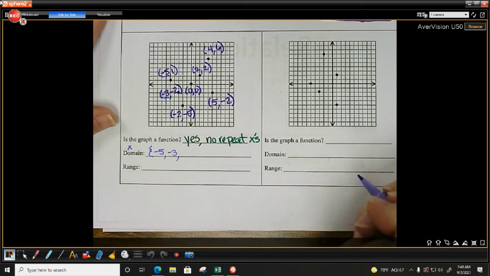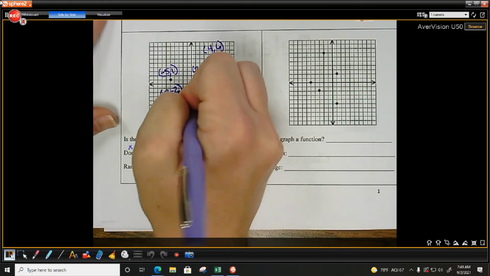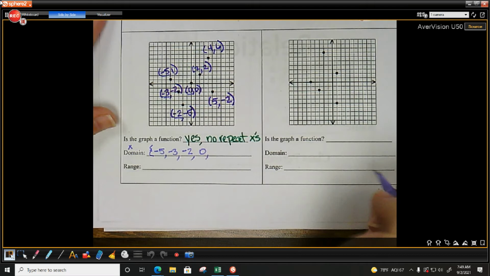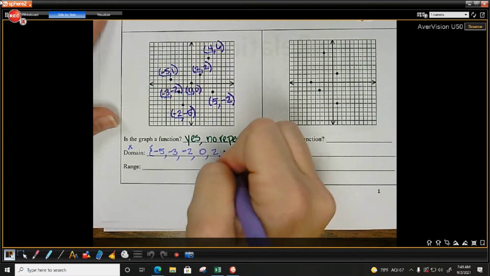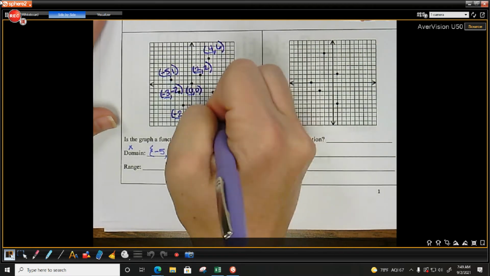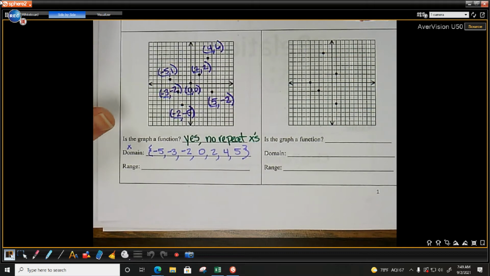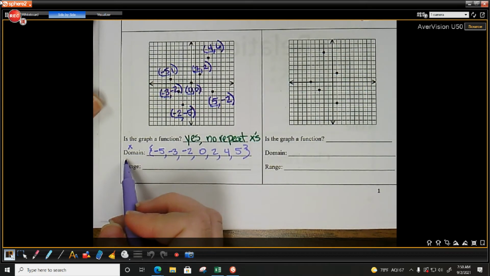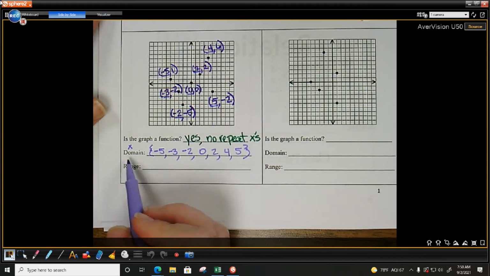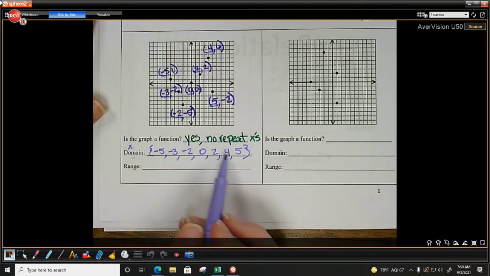Then, and then we close our set symbol. So another curly bracket, but now going the other way. So what this is saying is all of my x values for this function, or the only x values I have for this function, are negative 5, negative 3, negative 2, 0, 2, 4, 5.